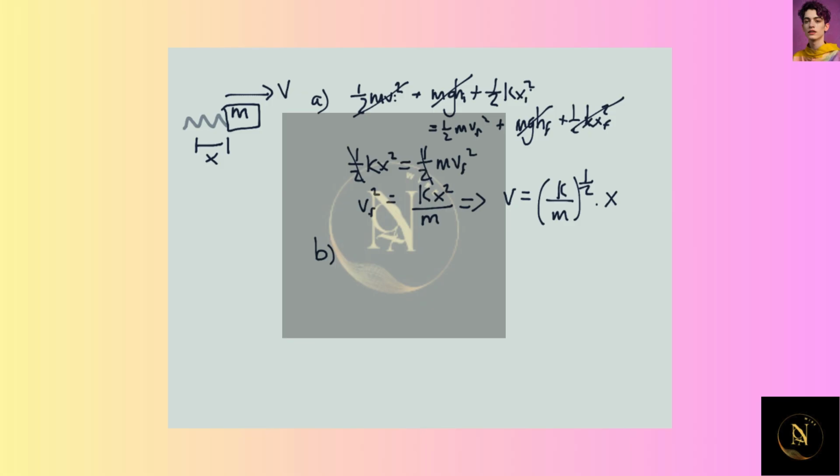So let's see what the impulse is going to be based on the velocity we just found. Impulse is the change in momentum, right? So I is equal to mass multiplied by your change in v. Now we know our initial case is no motion, so our final velocity is the only velocity that matters, which in this case was k over m to the power of 1/2 times x.